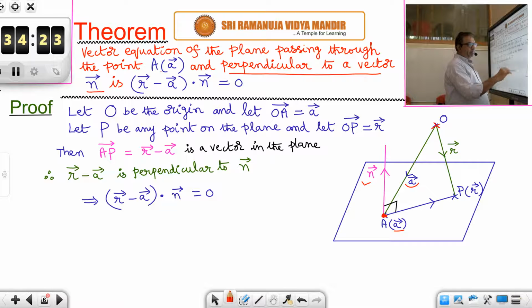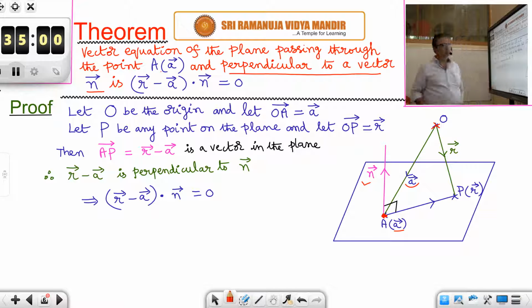Because vectors can be shifted parallelly anywhere by using the free vector concept, I can take the initial point of n bar at the point A. So n bar is a vector perpendicular to the plane, which means it is perpendicular to each and every vector in the plane.